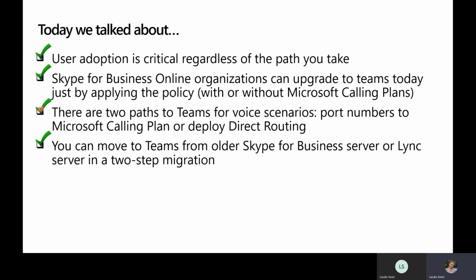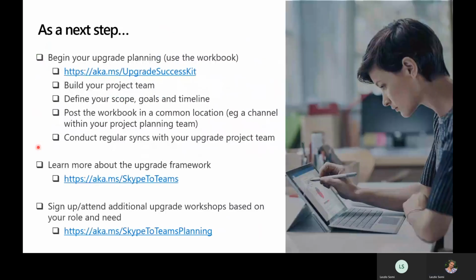And you can also move from older Skype for Business or Lync Server in a one-step or two-step migration to Teams. I provided you with a quick workaround for Lync Server 2013 by deploying a 2015 administrative workstation so you can move forward in a one-step move. You will save a significant amount of time with it. Pay attention to the edge requirement as we talked about with 2013.